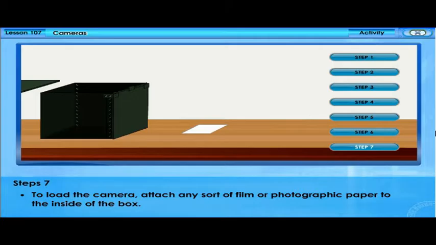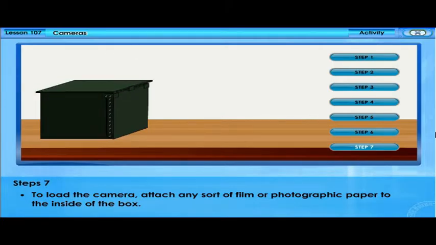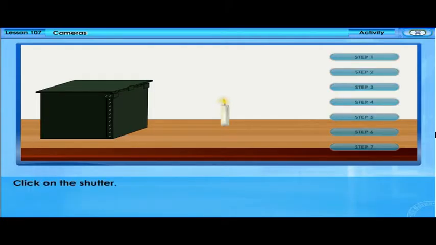To load the camera, attach any sort of film or photographic paper to the inside of the box. Let's see how the pinhole camera produces an image. Click on the shutter.